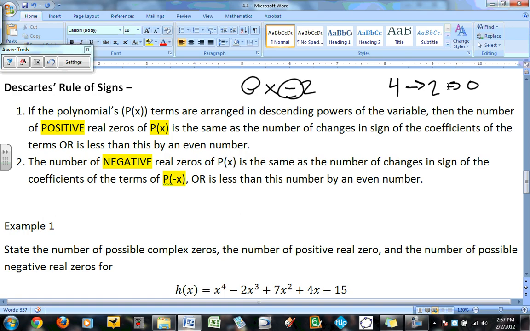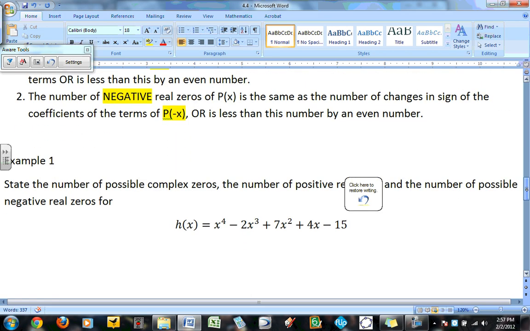And in part 2 here, it says the number of negative real zeros of the polynomial is the same as the number of changes in sign after we plug in -x for x and rewrite the equation, or less than that by an even number. I'll go through an example here to illustrate that.